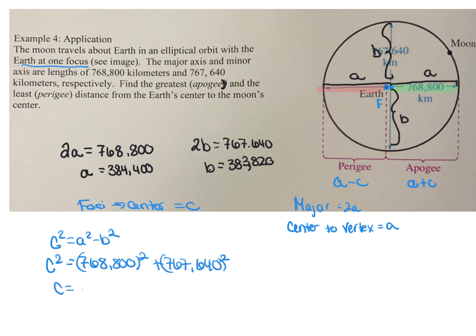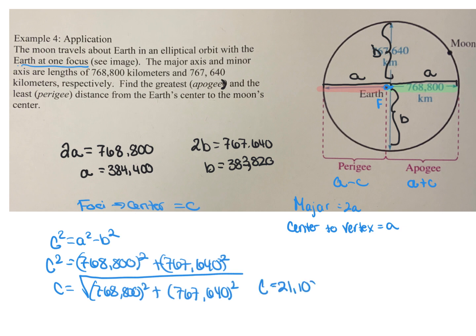So c equals the square root of those two things. So I'm going to grab a calculator and type it in. And when I do that, you should come out with the fact that c is equal to 21,108.